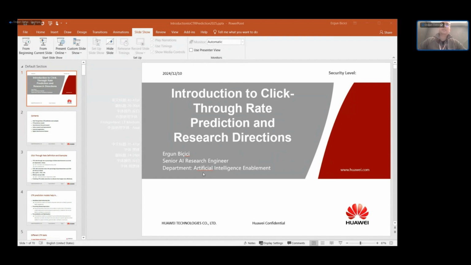As there is a significant amount of economy around this, it's very important to build effective, efficient and accurate CTR prediction models. CTR prediction models help us to identify high-performing ads, meaning the ads that are very likely to be clicked and engaged by the users.